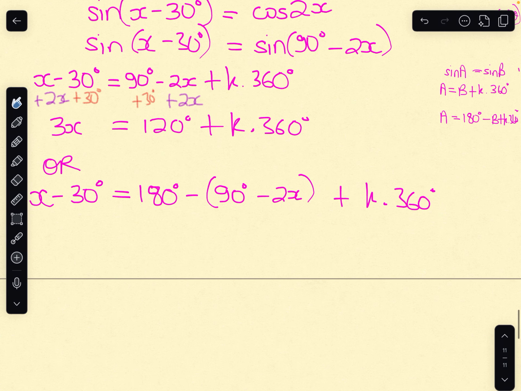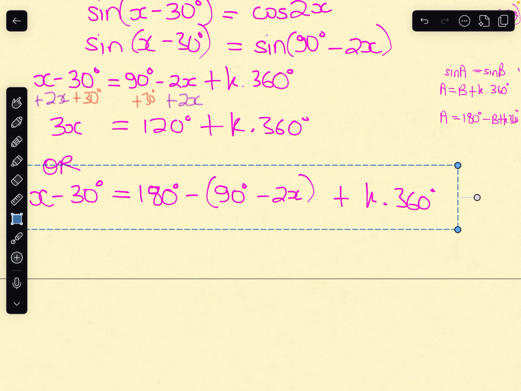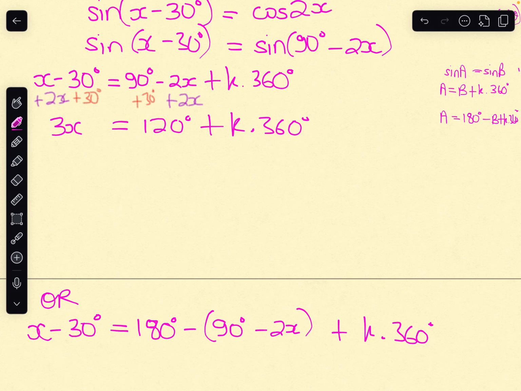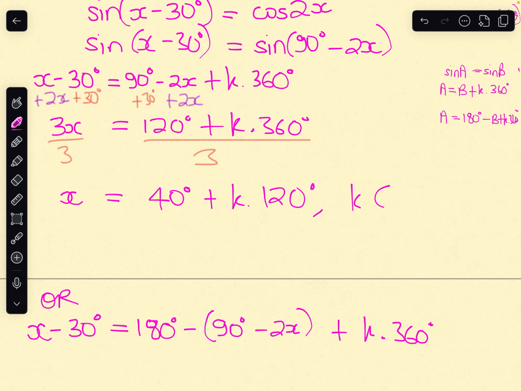Right, and then we divide all the way through by 3. So x would be equal to 40 plus k120, where k is some integer. So that would be the one solution.